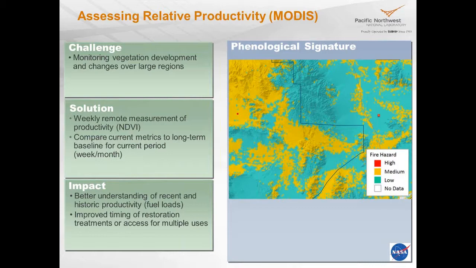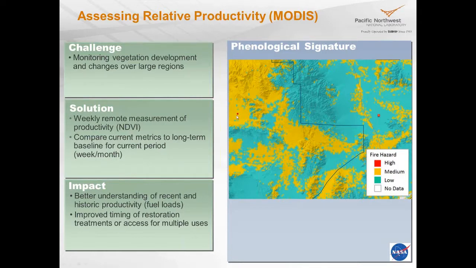Our solution, in the case of the project that we'll talk about more in detail near the end, and it was based on some work that we started probably 10 years ago with NASA, when MODIS was relatively new, is to utilize that frequent remote measurement to be able to get a touch or a vision of the productivity. And I put in parentheses there NDVI, the Normalized Difference Vegetation Index, which is essentially a measure of greenness. How green are things right now, and how have they progressed throughout the year?